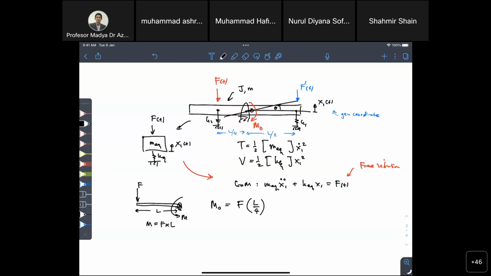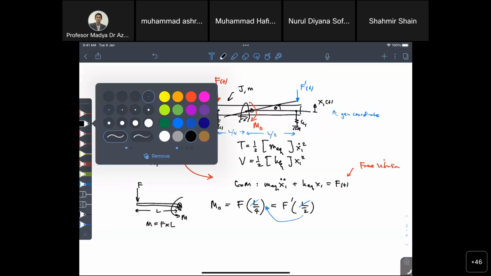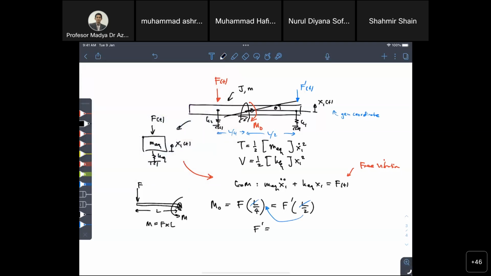So that should be F accent T multiplied by L over 2. So what is F accent then? You can cancel out L, then 2 will be there. So F accent is half F.